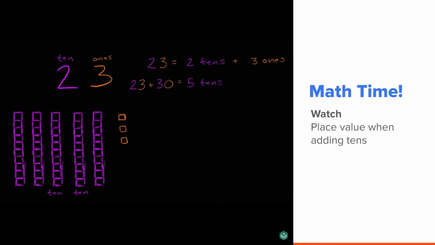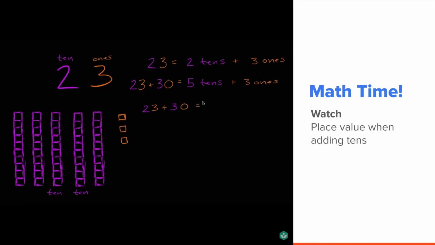And how many ones do I have? Well, I still have those 3 ones, and you could think of it this way. 3 ones plus 0 ones is still going to be 3 ones. So what's 23 plus 30 going to be? Let me rewrite it. 23 plus 30 is going to be equal to, well, 5 tens.